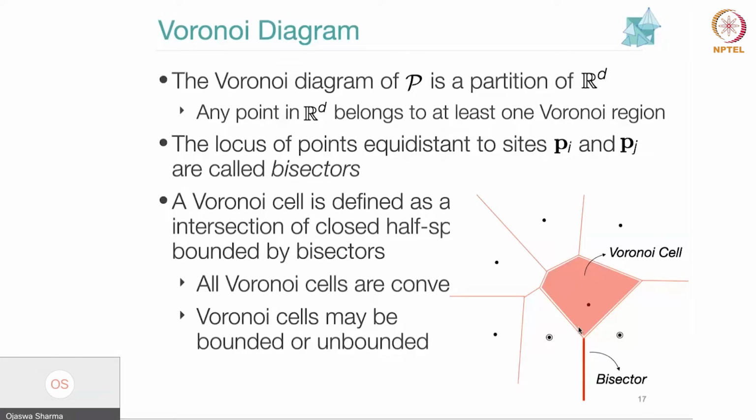Anybody? They can be, say, all the vertices of a Voronoi cell can be considered to be equidistant from the particular Voronoi point assigned to it, we can say.